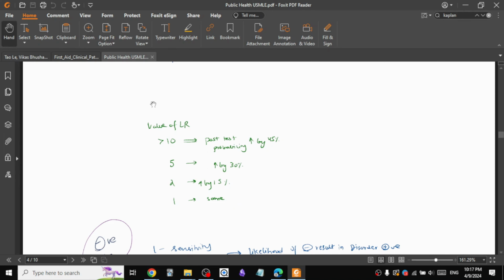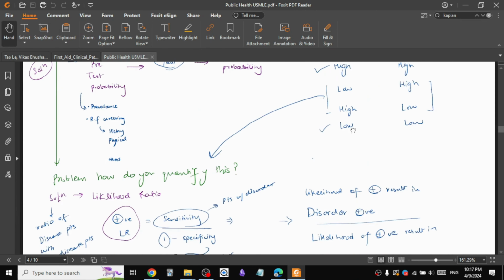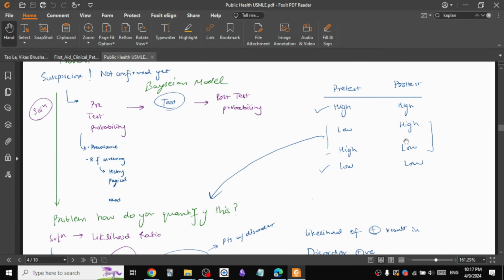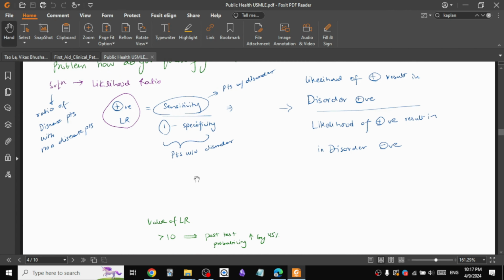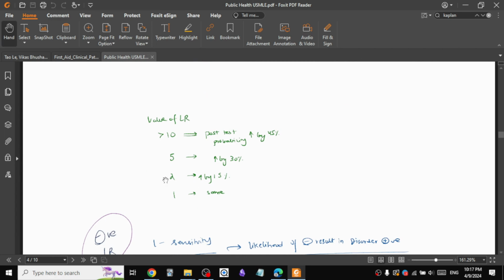So you see how I've stratified my results, and you see how all of this makes sense now. Pre-test was high, post-test was high, low, high, low. What is actually causing this high and low? First of all, that was the likelihood ratio. Second of all, the likelihood ratio also determines to what extent my post-test probability will go up or decrease.